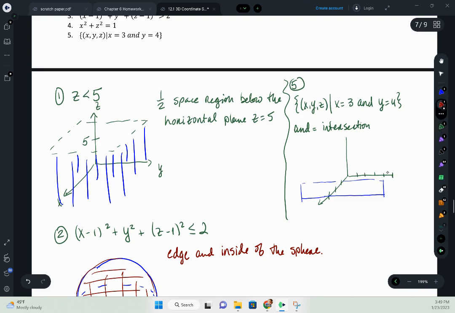Okay. Now, for this, I need to draw first a line that goes through y equals 4 and runs parallel to the x-axis. And then I'm going to kind of draw that. Okay, there's this intersection point right here.